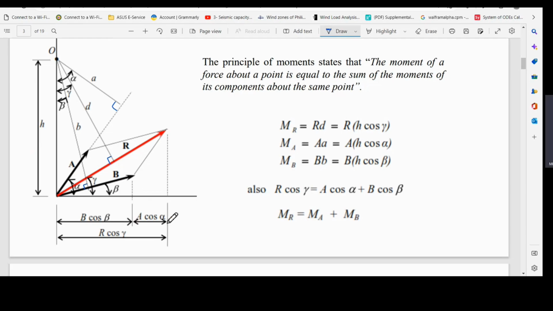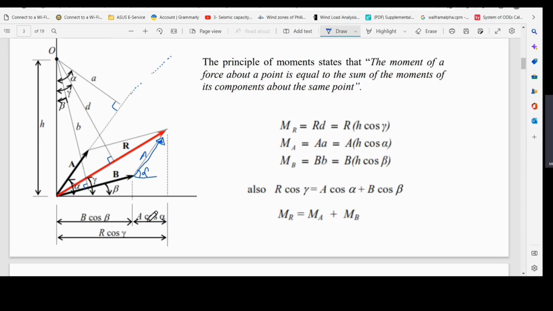And then this one naman, our alpha. This force A of ours is also equal to our force A here, right? Force A here, force A also here. So they have the same inclination. If we have alpha here, we also have our alpha here.